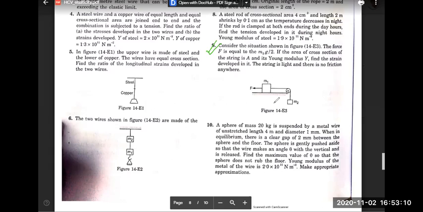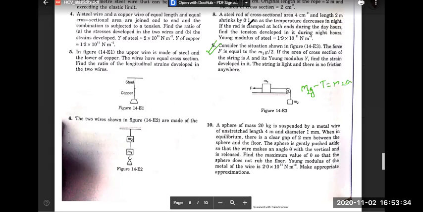So let's draw the free body diagram of this one, M2. If F is in this direction, now let us assume that this is still moving downward because of this mg. So I can write m2g minus T, this tension, is equal to m2a.